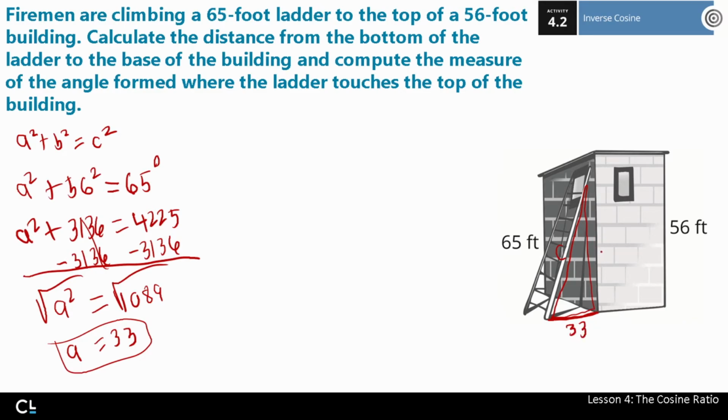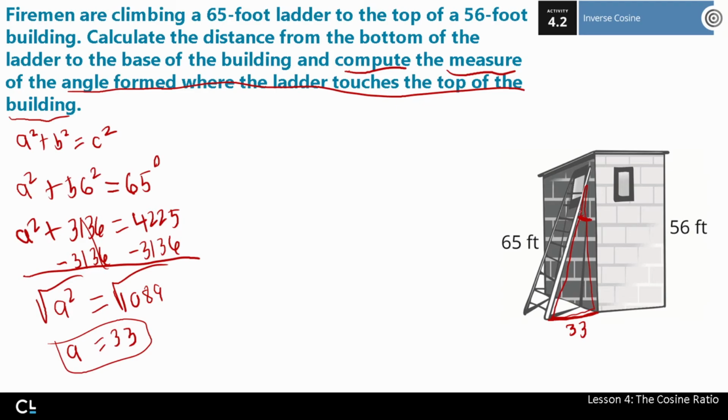So the second part here says, compute the measure of the angle formed where the ladder touches the top of the building. So the ladder here, they want this angle here, right?